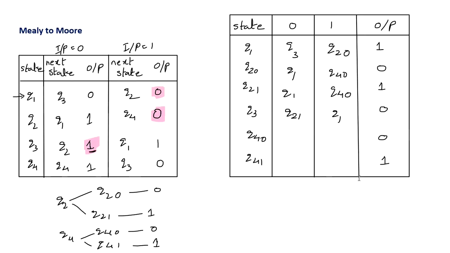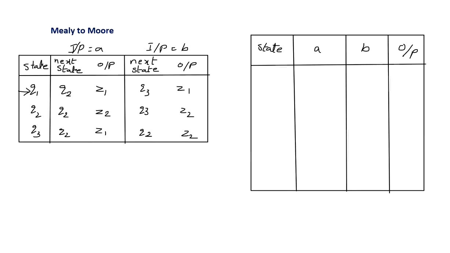Based on the output, here the output is 1, so we need to write Q41. So for both Q40 and Q41, we need to write Q41 and Q41. Next is Q4 on 1, it is moving to the state Q3, so we need to write here Q3 and Q3. And in the Mealy machine, Q1 is the starting state, so in the Moore machine also Q1 is the starting state.